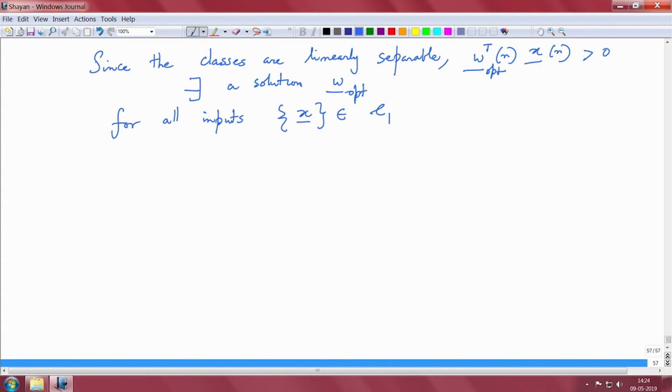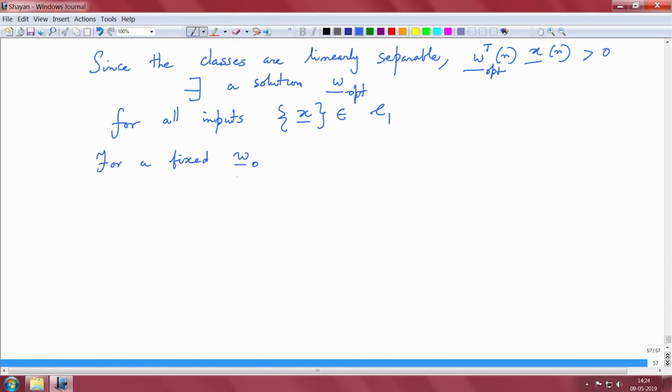Now, for a fixed W optimum, so instead of writing OPT throughout, I will just use O here. Do not confuse the O with the 0.